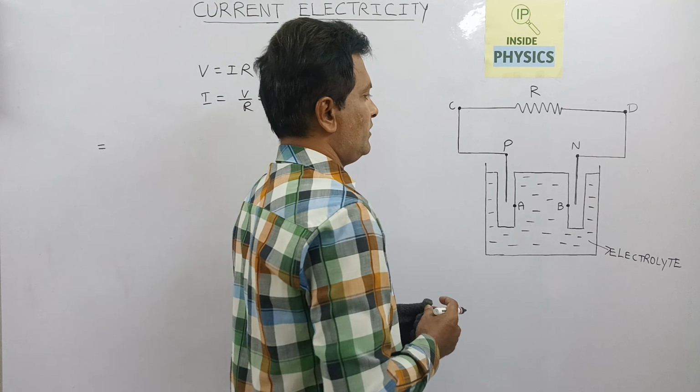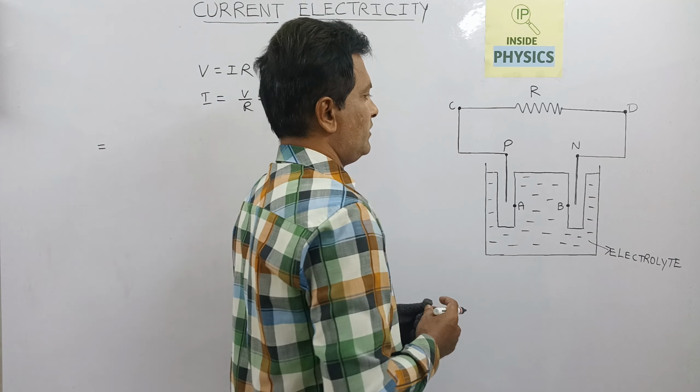The electrons flow from the negative electrode through the circuit, and we consider the current direction opposite to the electron flow, so we mark the current direction this way.